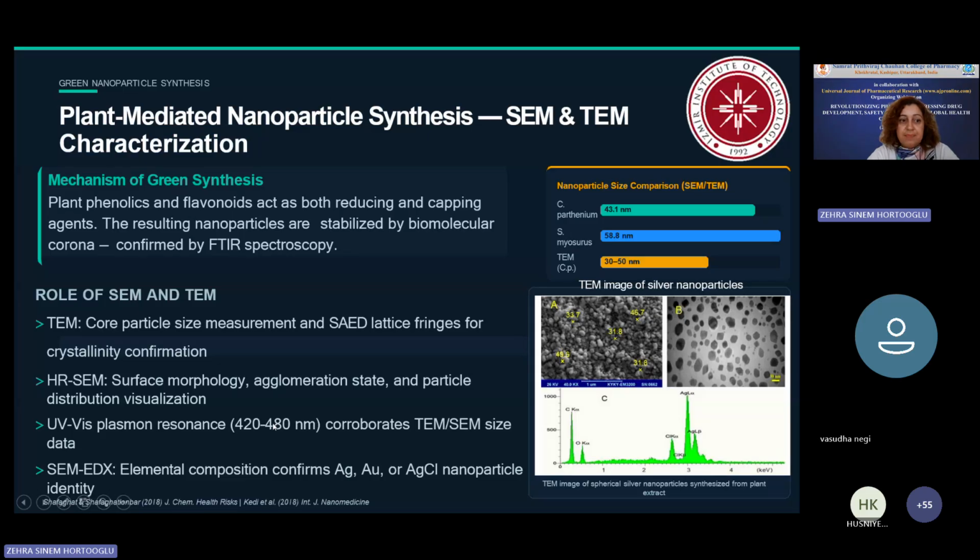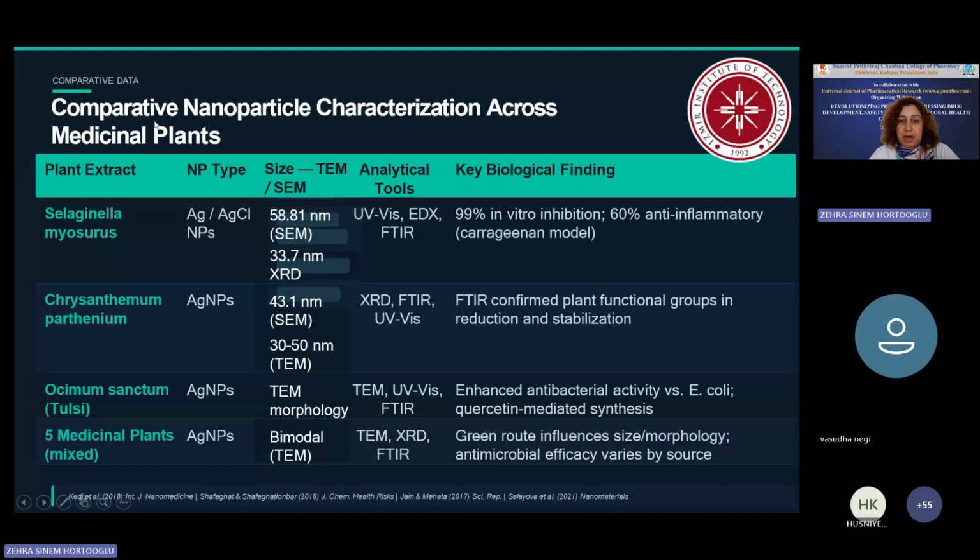These analyses allow comparative nanoparticle characterization of medicinal plants, for example Selaginella, Chrysanthemum parthenium, Ocimum sanctum, and five medicinal plants mixed.